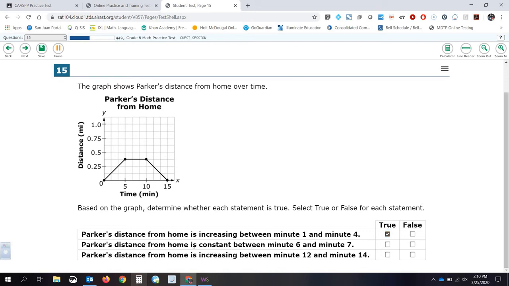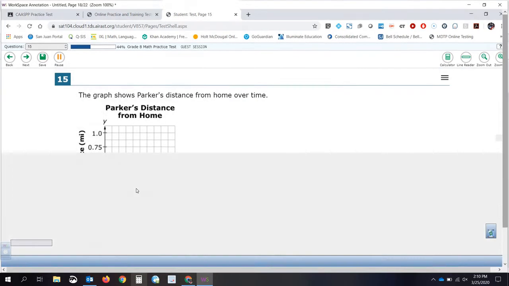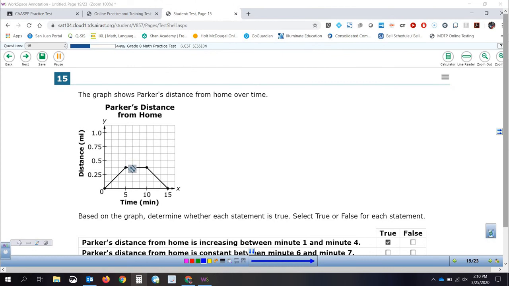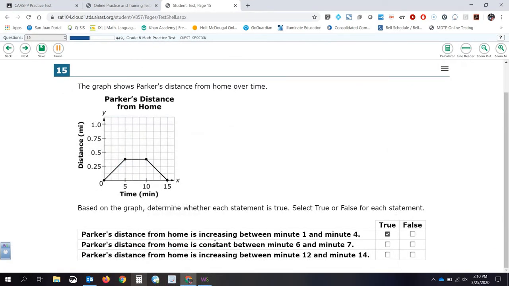All right, his distance from home is constant between minute 6 and minute 7. All right, so minute 6 and minute 7 is going to be in this range here. And in that range there, his distance isn't changing. It's staying the same. And that's what constant means. Constant means not changing. So that is also true.